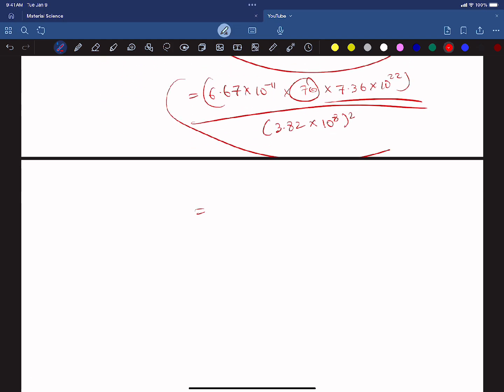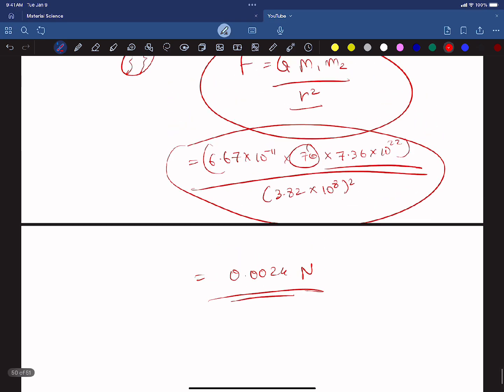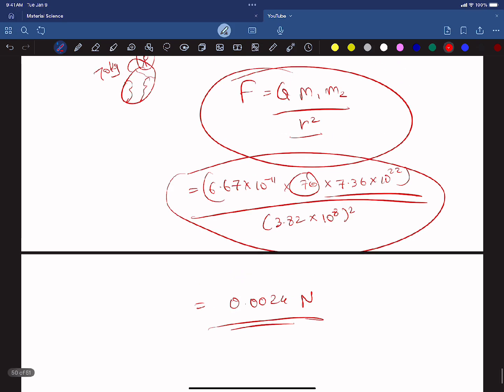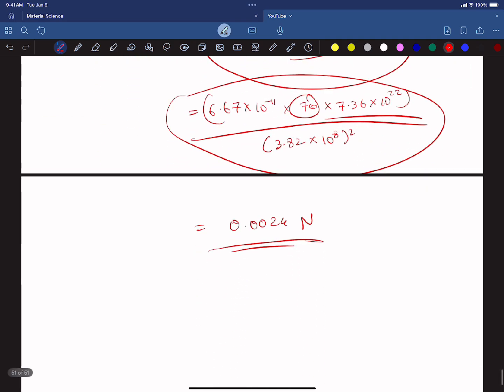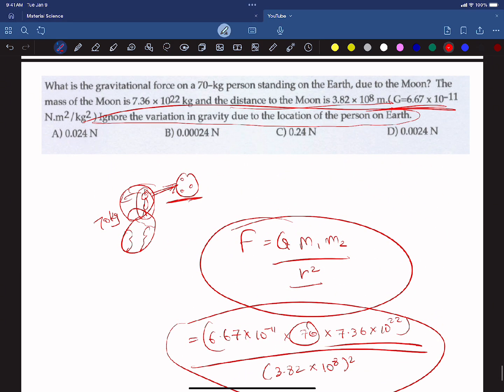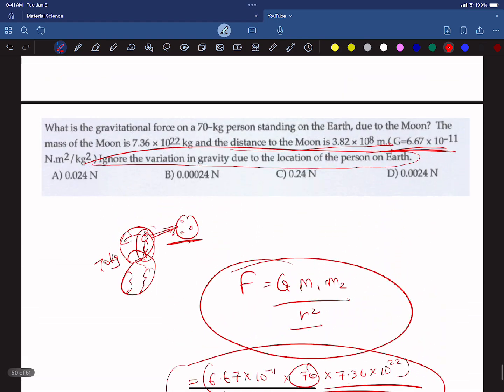When you put this whole thing in the calculator, it will give you a value which should be equal to 0.00224 Newton. This much force the person is feeling while standing on the earth because of the moon, in the direction of the moon. So our answer is 0.0024, D.